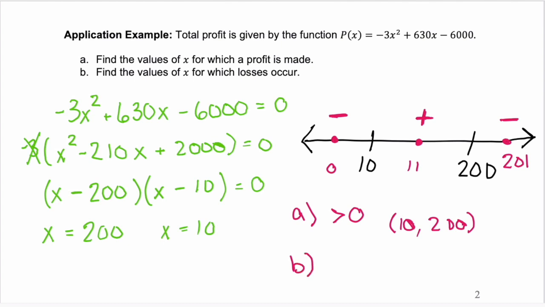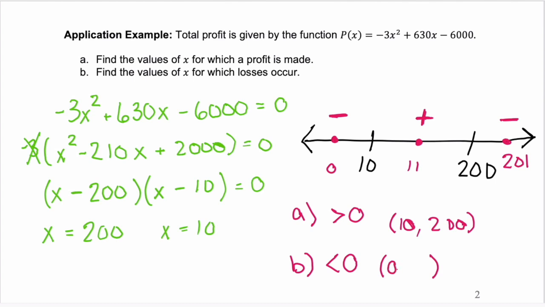And part B wants to know when there are losses. That would be a negative value, less than 0. That's going to be 2 intervals. Be careful though, what is our first interval going to be? It's not going to be negative infinity because we're talking about producing something, and the least that you could produce would be 0.